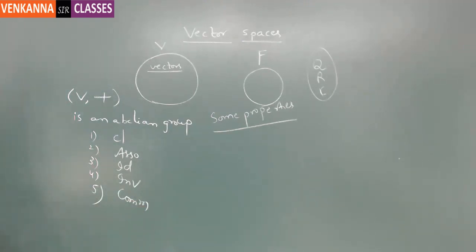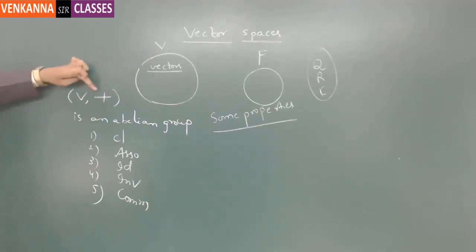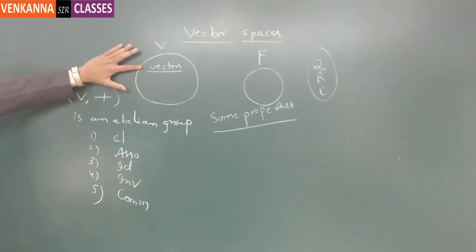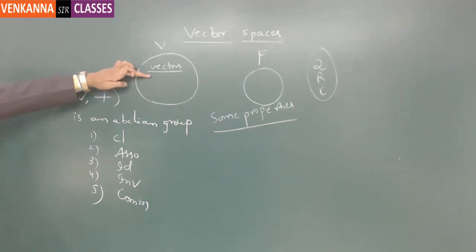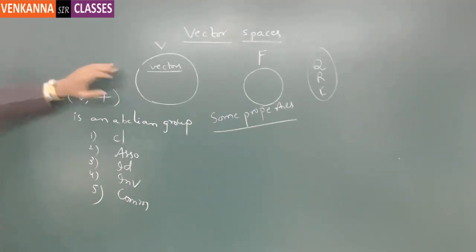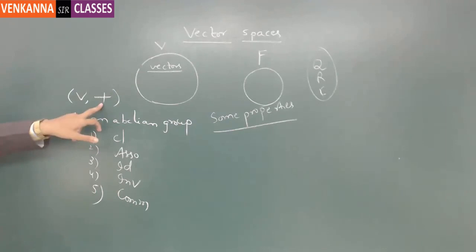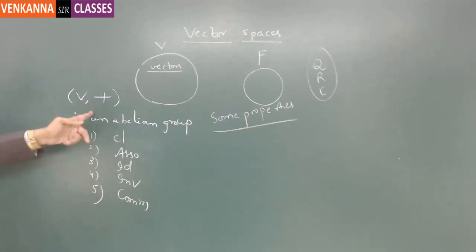If V contains numbers, here plus means numbers addition. If V contains matrices, plus means matrix addition. If V contains polynomials, plus means polynomial addition. So depending upon the elements, plus indicates the corresponding operation, and all these five properties are satisfied by plus over the set V. Okay?